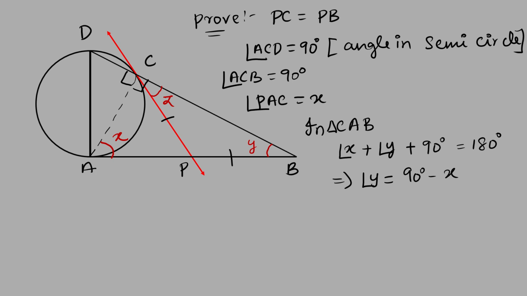Okay, so to prove that, angle PCB, which is angle Z, is the same as 90 minus X. We already knew that triangle APC is an isosceles triangle, because AP is equal to CP.